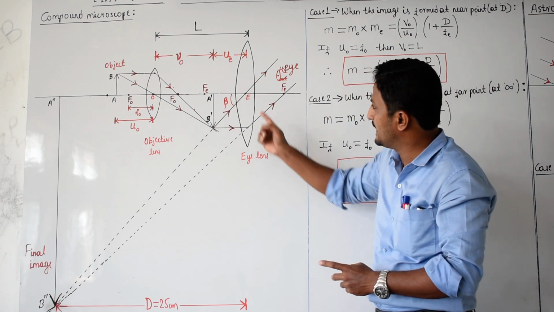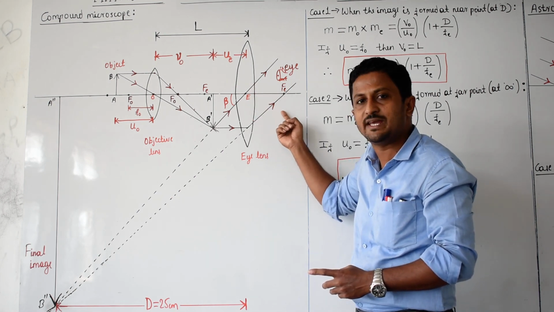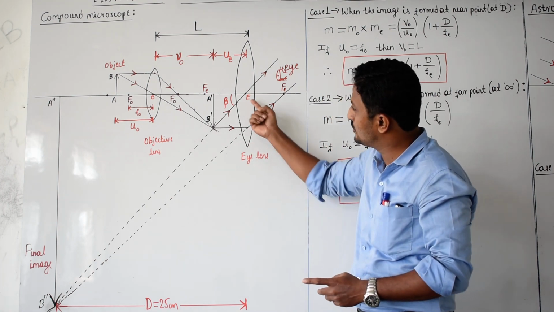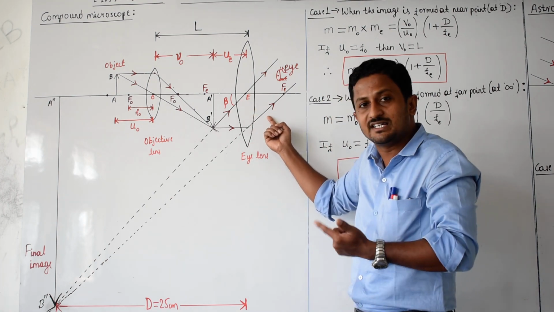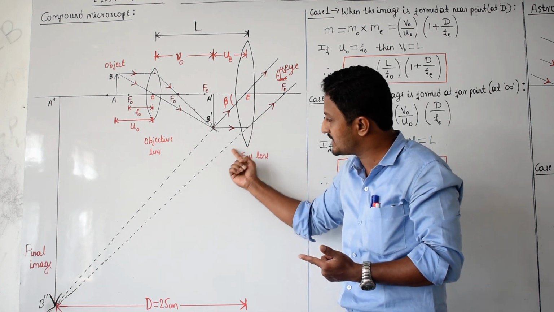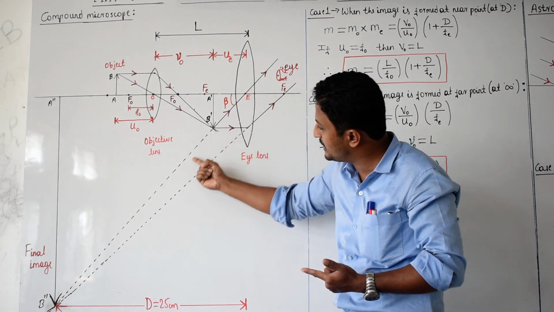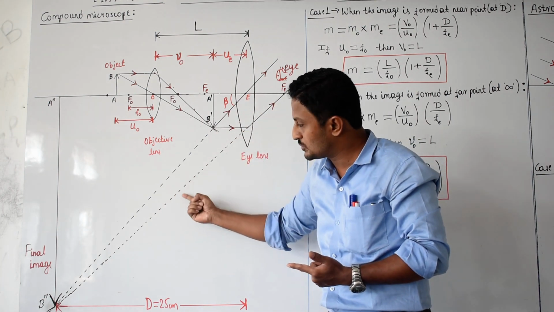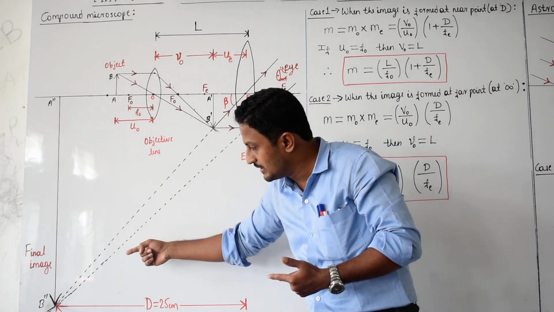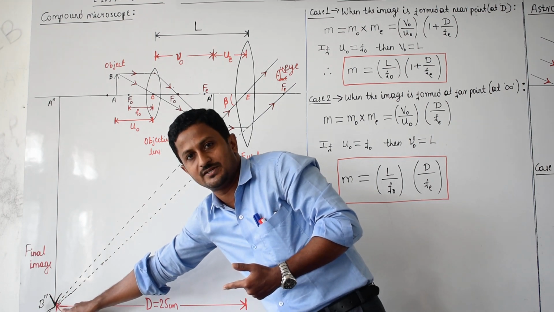What I mean to say is, you have to extend those two diverging light rays in the backward direction. You see here, this one I extended backward, and this one also I extended backward. Those two backward extended rays look like they are coming from that intersection point.